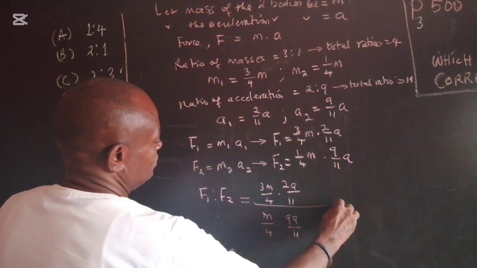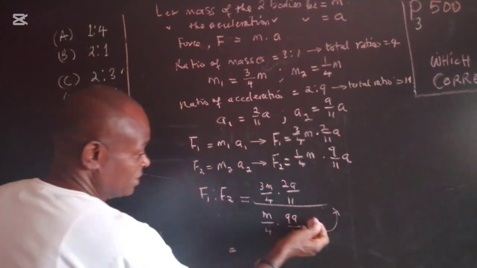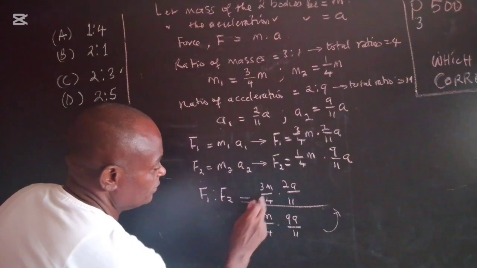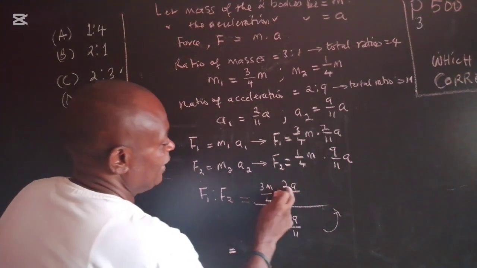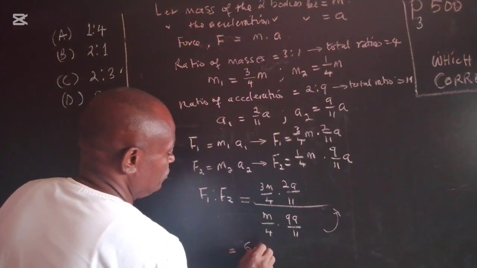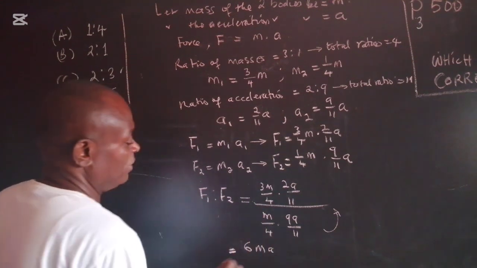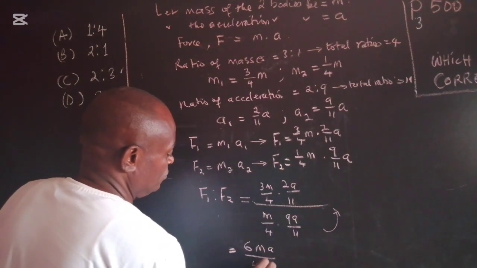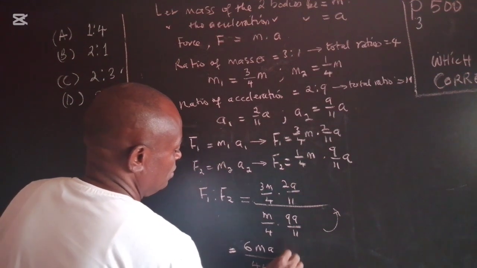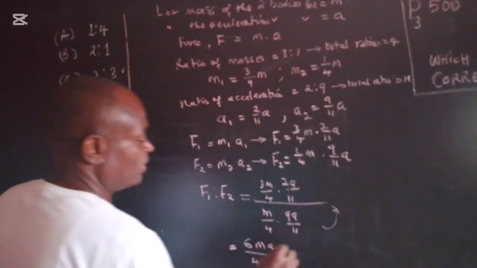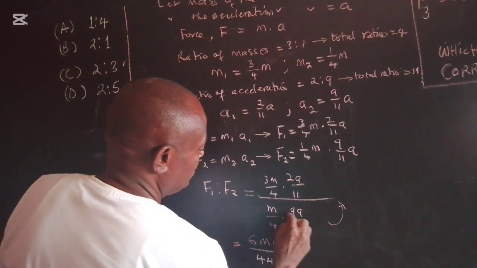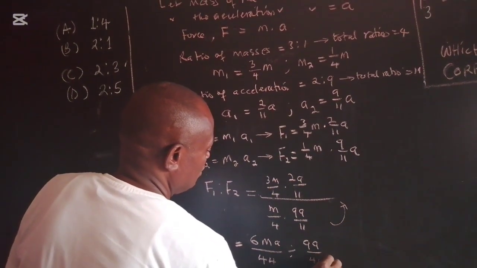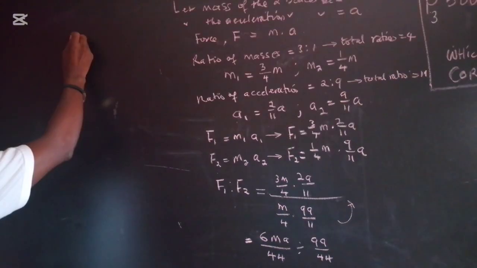If we simplify this, 3m times 2a is going to give you 6ma, and 4 times 11 is going to give you 44. Then divided by, if you multiply this by this, that's going to give you 9ma over 44.